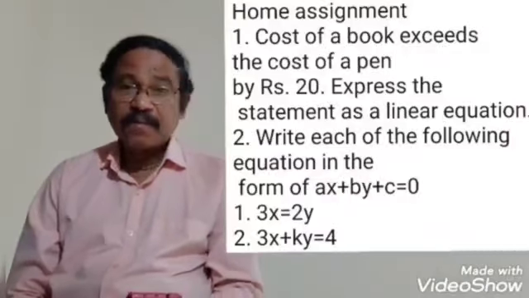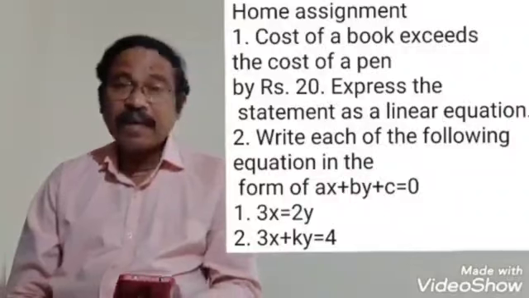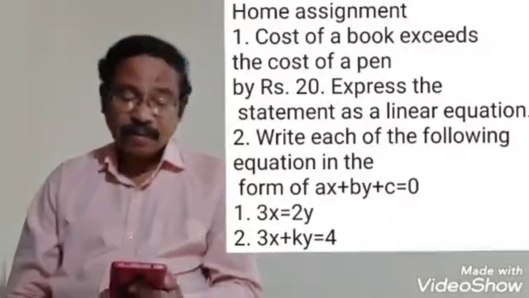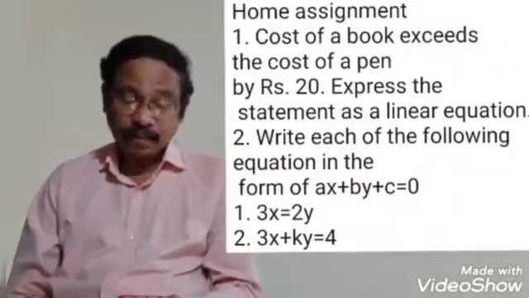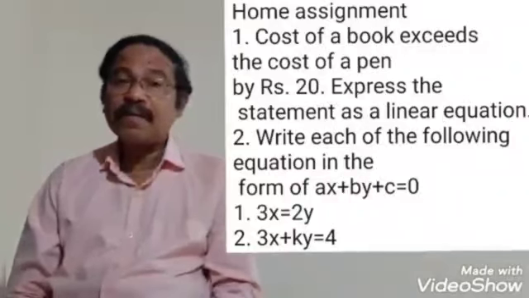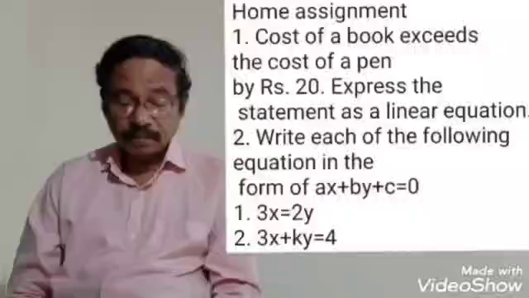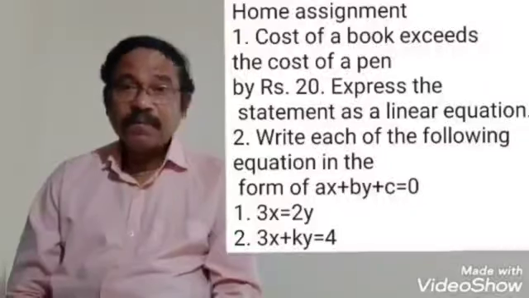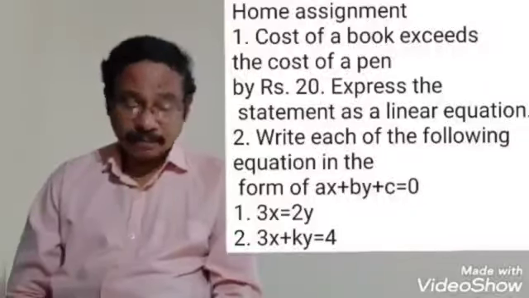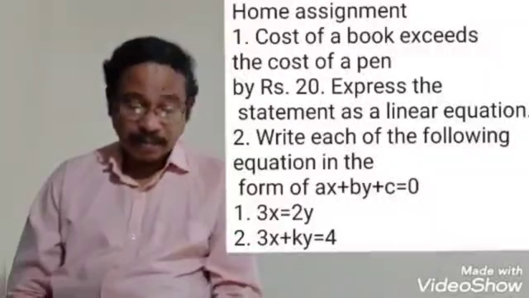Okay. Now next is the home assignment. Some questions, right? Do this as homework. First question, the cost of a book exceeds the cost of a pen by rupees 20. Express the statement as a linear equation. Take a screenshot and write the answers.